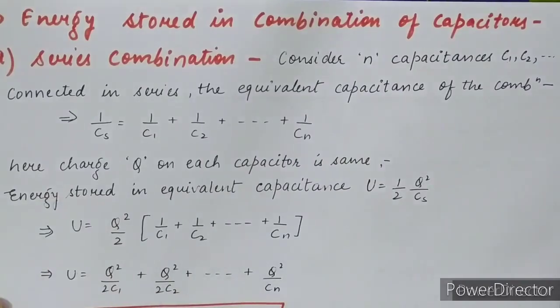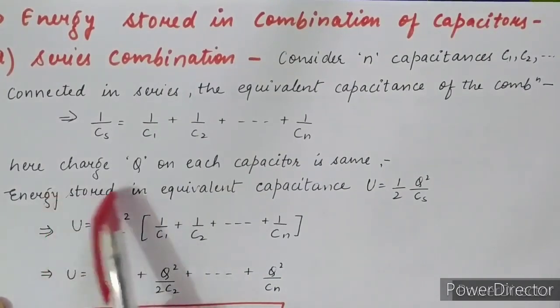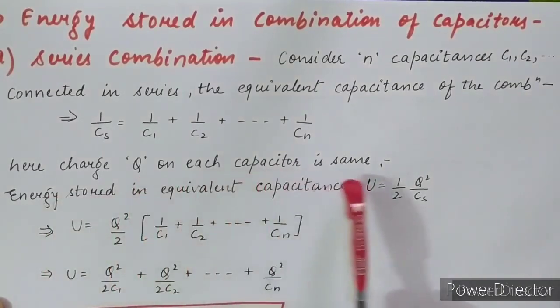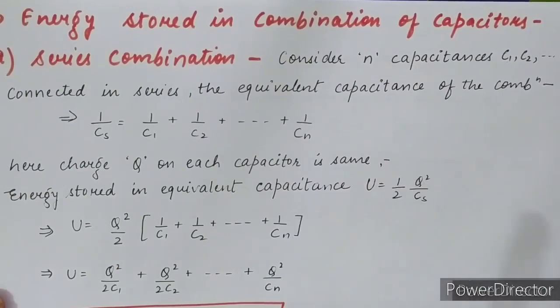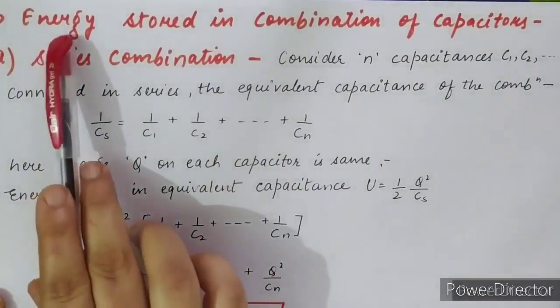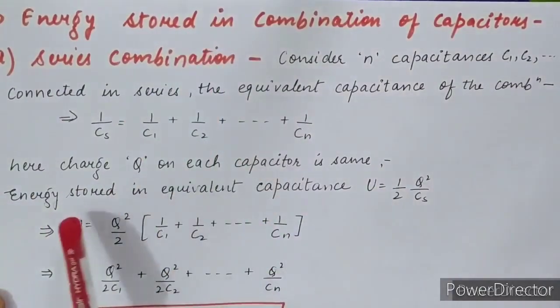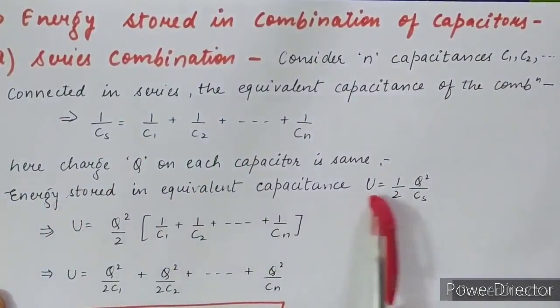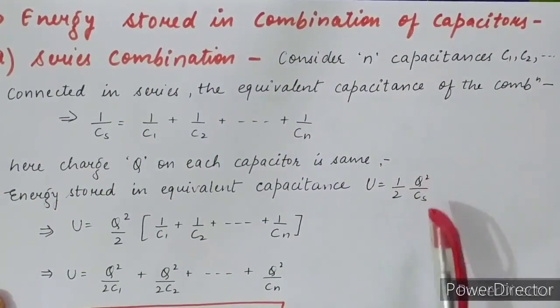As we know very well, in a series combination the charge on each capacitor remains the same. So the charge Q on each capacitor is the same, and we are calculating the energy stored. For energy stored we have to use half Q square upon Cs.